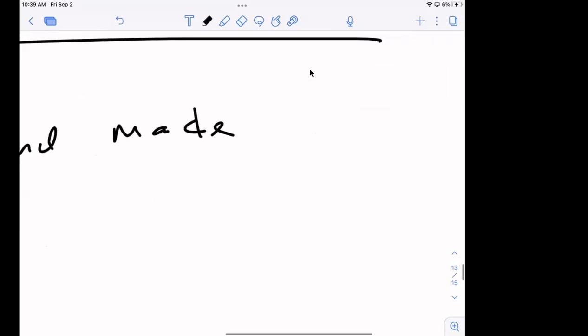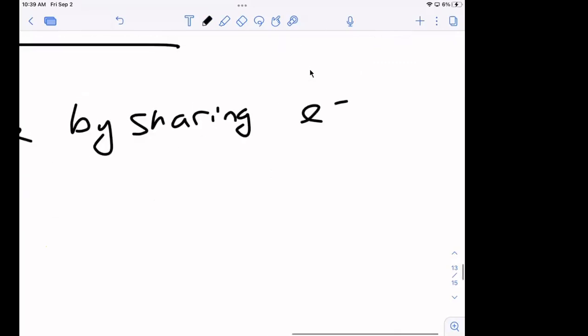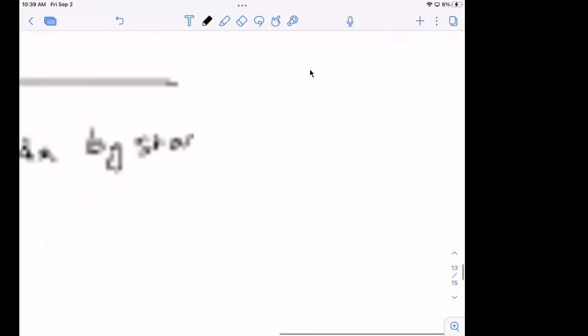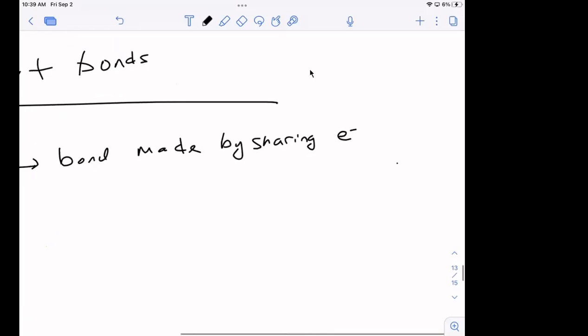You probably heard this in GChem. And before you panic, when I say electrons, I'm abbreviating that with e minus, so shared electrons. That's what covalent means, right?